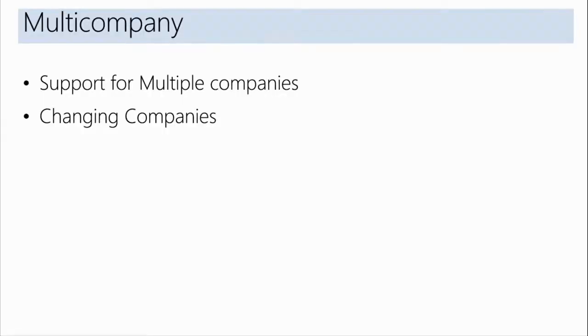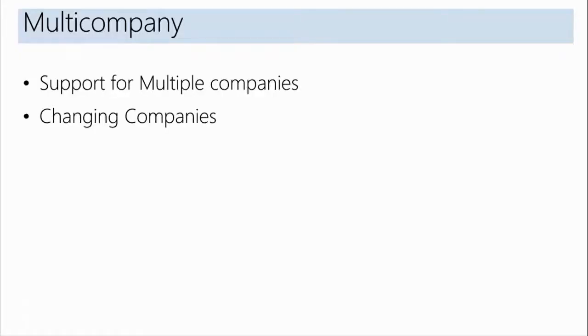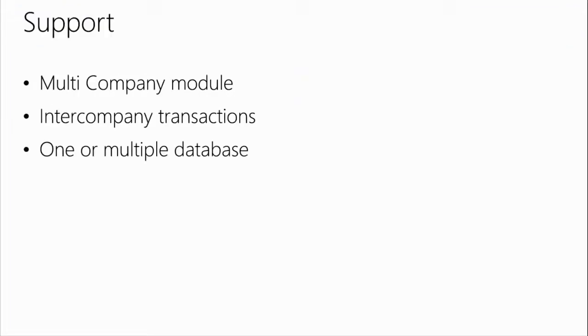Now, the next thing that we're going to talk about inside of Dynamics SL is, we've talked about a lot of different features, but one of the things that people use Dynamics SL a lot for is its multi-company functionality. So we'll talk real quickly here about their support for multi-company and then how we can actually quickly change from one company to the other. Now, the one thing is just to make the mention that we do have that support.